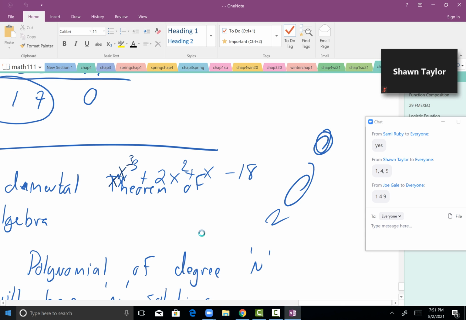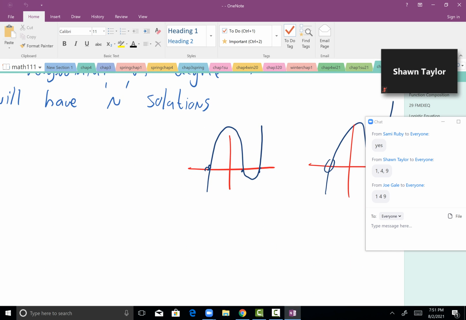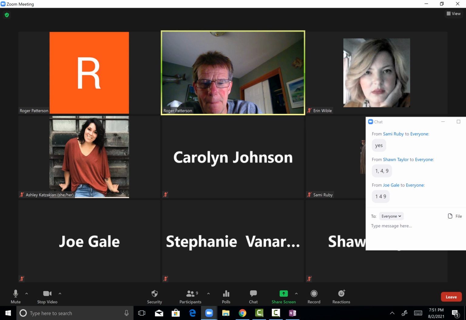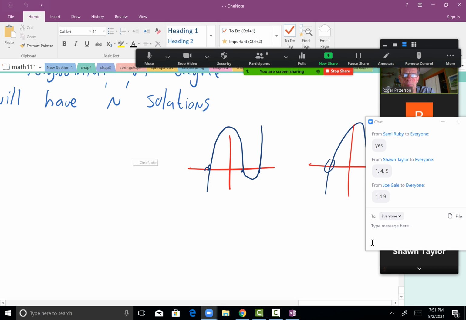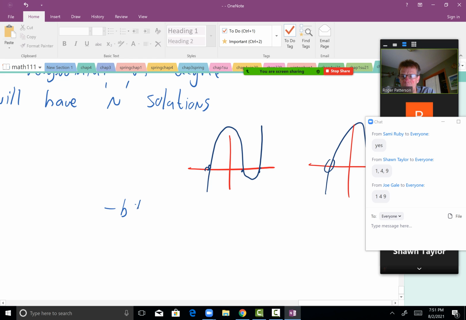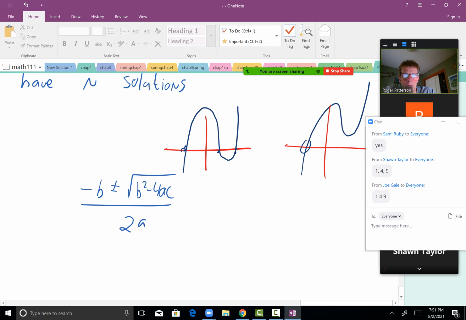Let's do the quadratic formula on that. Okay, so we're going to do the quadratic formula on 1, 4, and 9, right? So here we go.